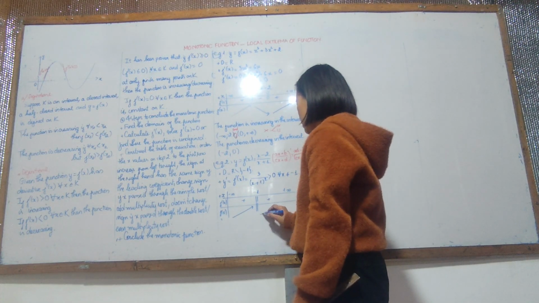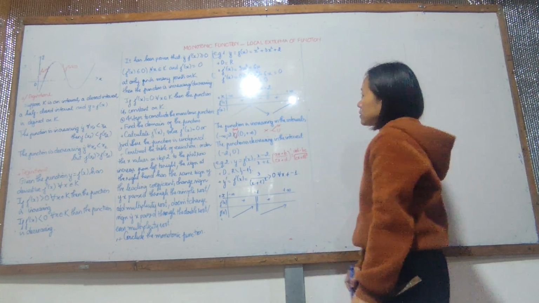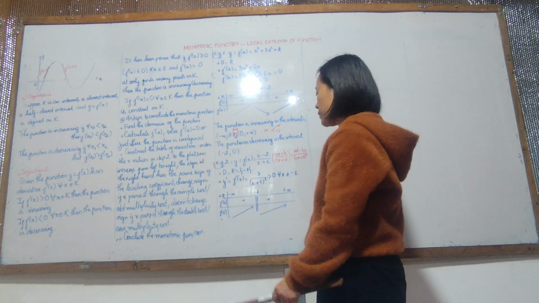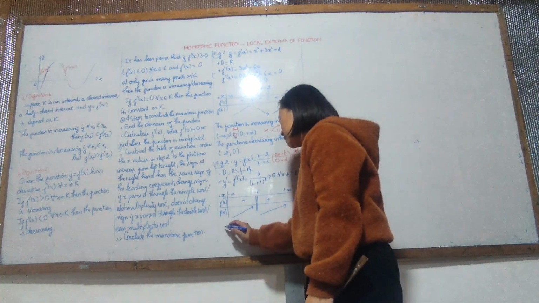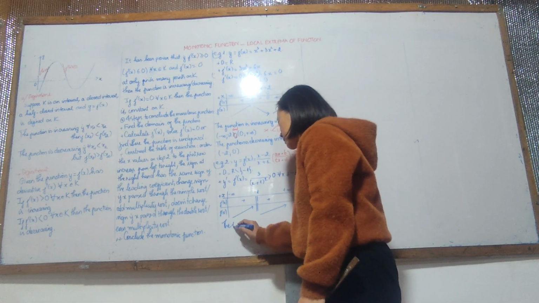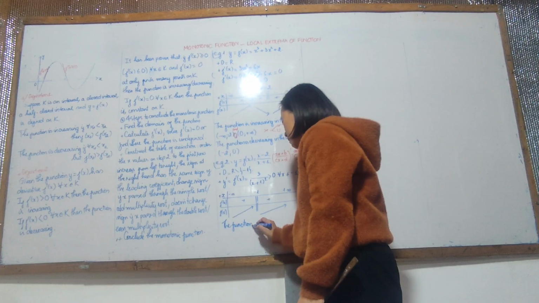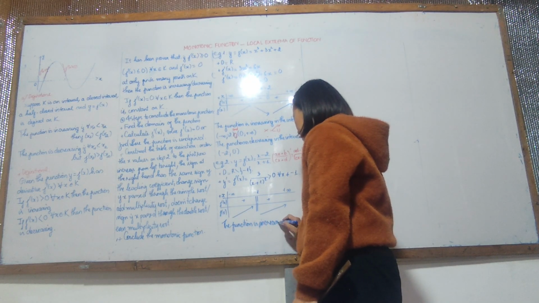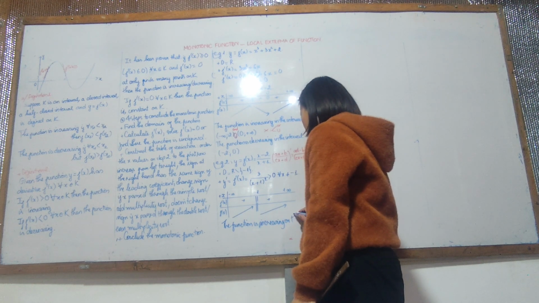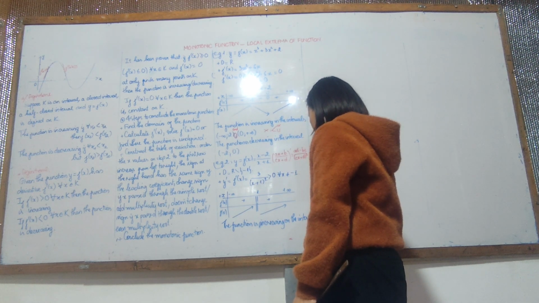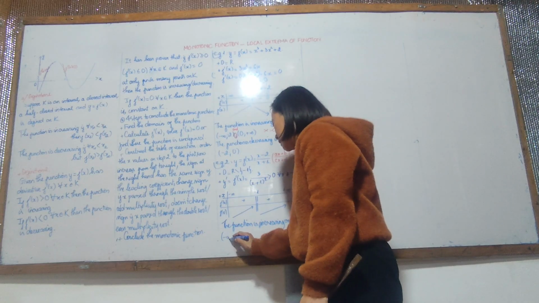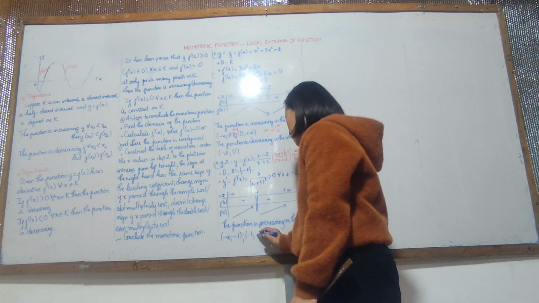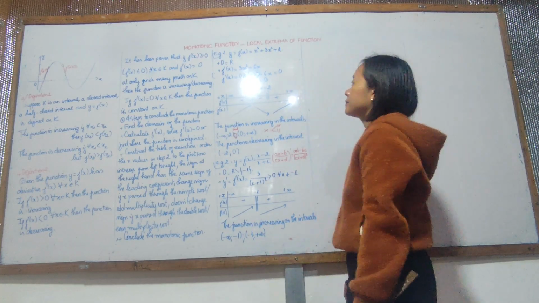So we use 2 arrows to represent this, and we conclude that the function is increasing on the intervals -infinity to -1 and -1 to infinity.